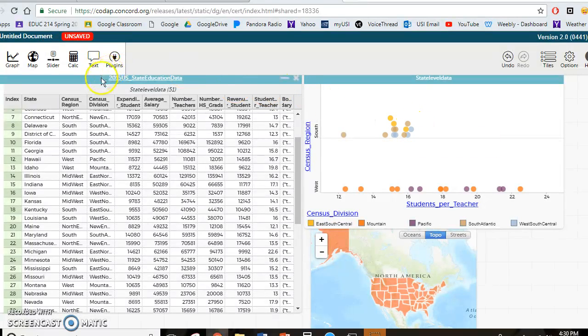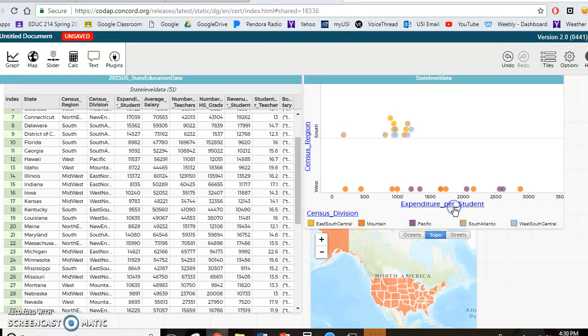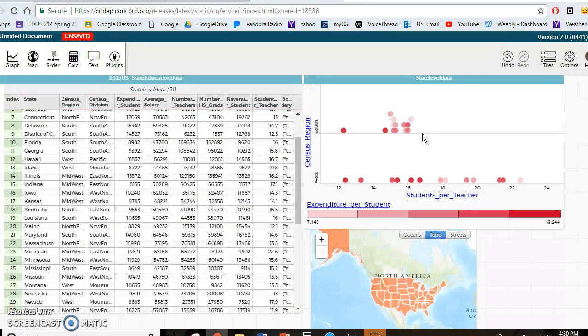Now, another thing that I was curious about is the money spent on the students, making sure they've got proper equipment. Here we go.